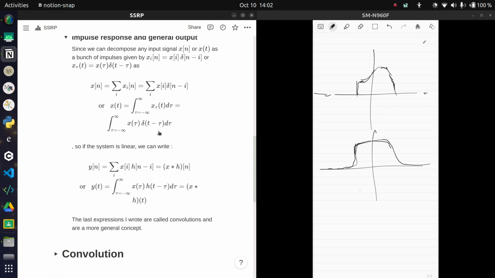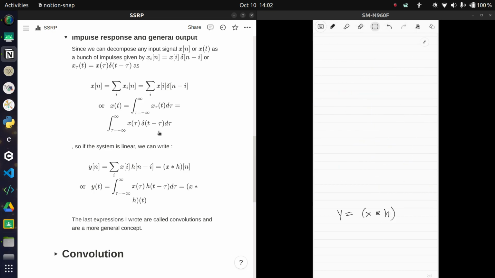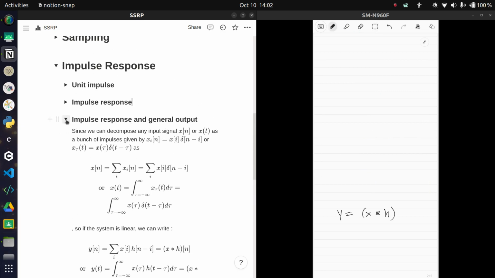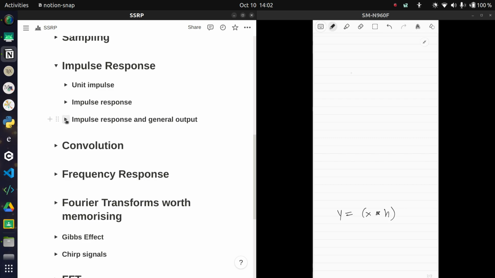So all in all, for an LSI or an LTI system, you have y equal to x star h, which is the convolution. The convolution is pretty descriptive in the notes I have written, so I'm not going to explain that. For discrete signals, the convolution is the summation over i from negative infinity to infinity of x sub n h of, sorry, it should be i over there, x of i h of n minus i, or the opposite, x of n minus i and h of i, or something like that.